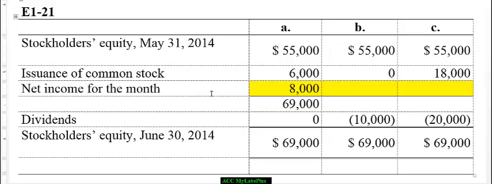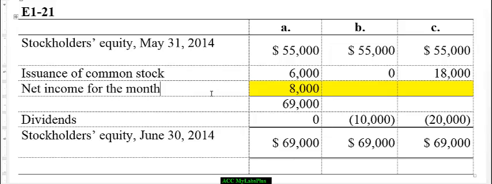For scenario B, it tells us the company issued no common stock. It paid cash dividends of $10,000. So if no common stock was issued, then the only change in stockholders' equity is going to be due to retained earnings. Retained earnings, again, is going to be the net income minus the dividends for the particular period.